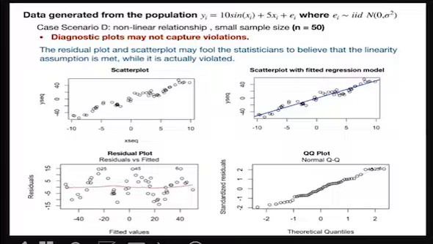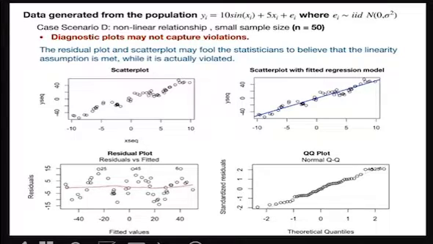But the sample size is 50. Now, I said diagnostic plots may not capture violations. May not capture violations with what? With this non-linear model with a small sample size.